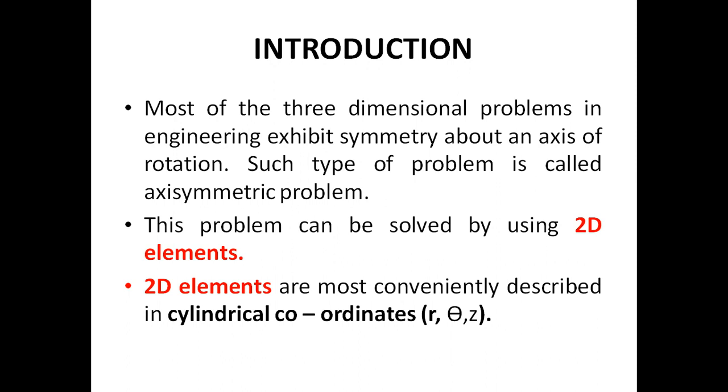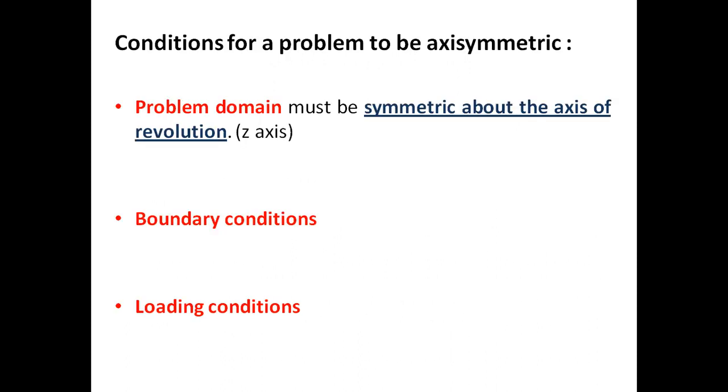So what are the conditions for a problem to be axisymmetric? If a problem is said to be axisymmetric, what are the important things which have to be followed? There are three important concepts. First one is the problem domain. The axisymmetric problem domain must be symmetric about the axis of revolution, that is the z-axis.